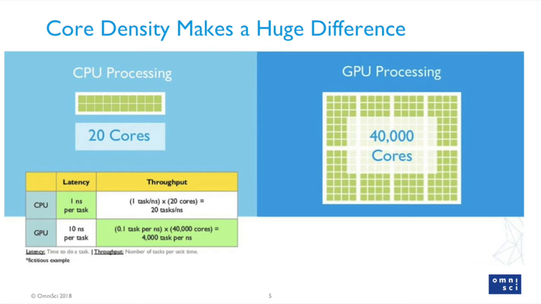But a typical CPU has about 20 cores, whereas a GPU has a few thousand cores, and you can put multiple cards. So from a single node, you could have even 40,000 cores, and you can get almost 200 times more work done in the same unit of time. That's a huge, significant difference.